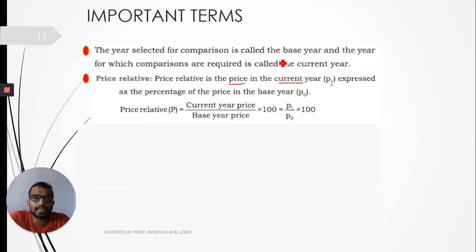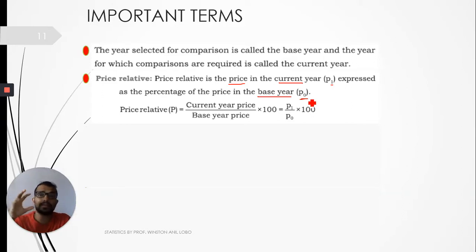So the price in the current year, P1, as the percentage of the price in the base year. Base year is P0. Students, what is price relative? Price relative is nothing but a comparison between the current year price and the base year price. Students, this is a very important 1-mark question. What is price relative?